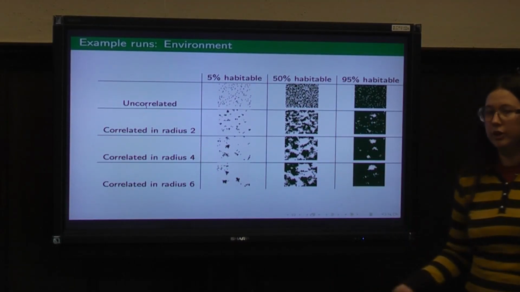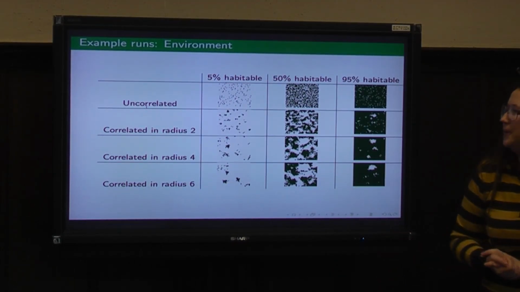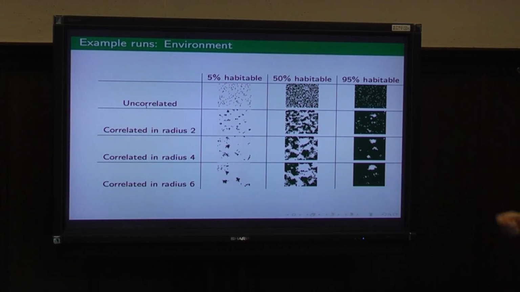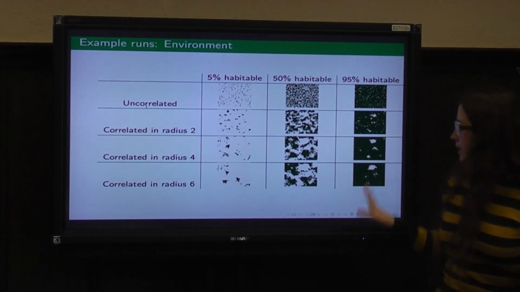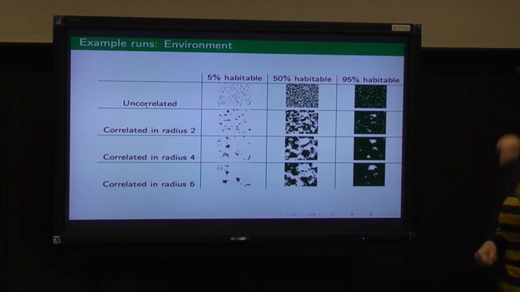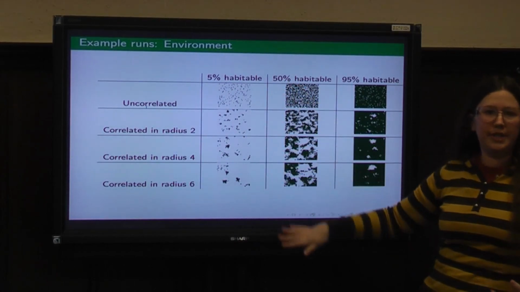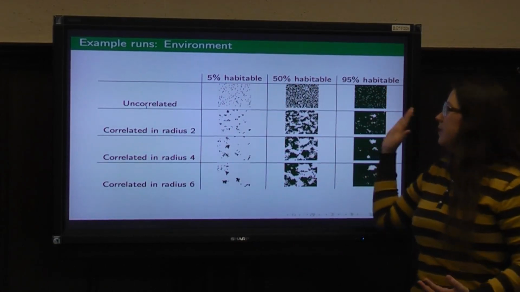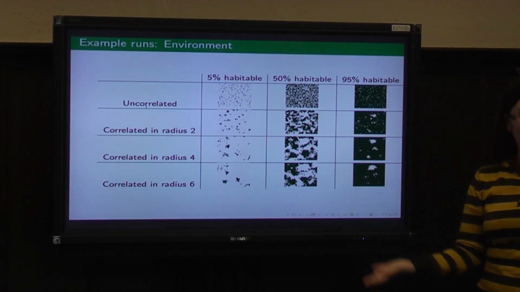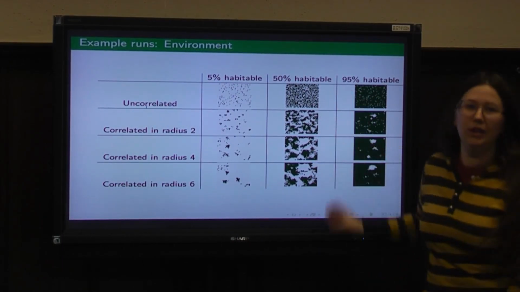Just to look at a couple of example runs to get a feeling for the kind of stuff we're seeing and get a flavor for what's going on here. These are a bunch of environments generated with the same random seeds. So they start with the same noise, and then we can either let different percents of them be habitable or not, or smooth them out more or not, have them be more correlated or not.